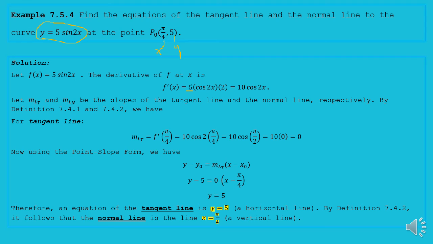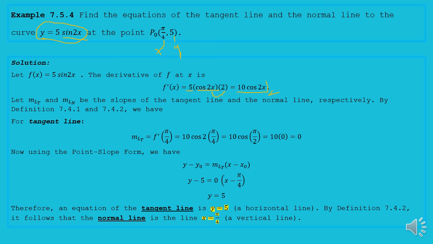Okay, times yung derivative ni sine 2x, that is cosine 2x, times yung 2 na yan galing sa derivative ni 2x. Okay, ganun talaga kapag sa trigonometry. 5 times 2 is 10 times cosine 2x. So, ito yung derivative ng given natin na curve.